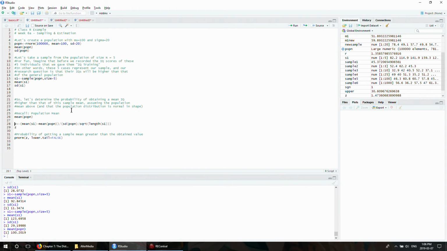And just a reminder, before it was 100, so now we're putting into a variable we're creating called z the mean of S1, subtract the mean of popn, divided by the standard deviation of popn divided by the square root of length S1. And all length S1 is just how many numbers we have stored in S1. And what you can see is quite simply 5.